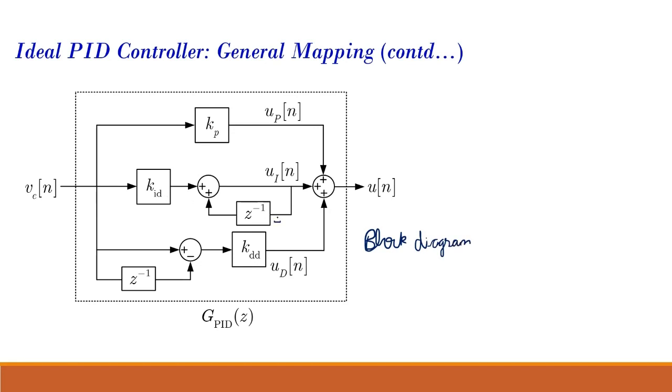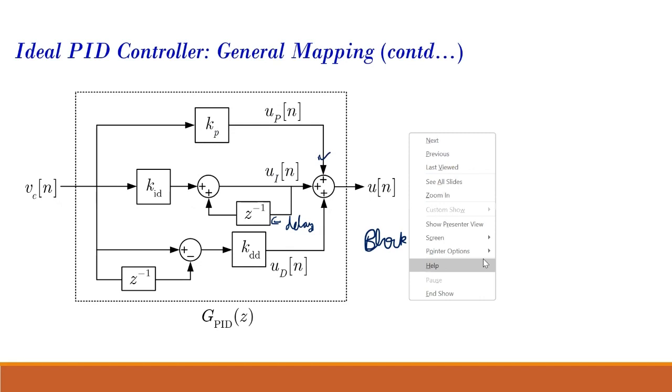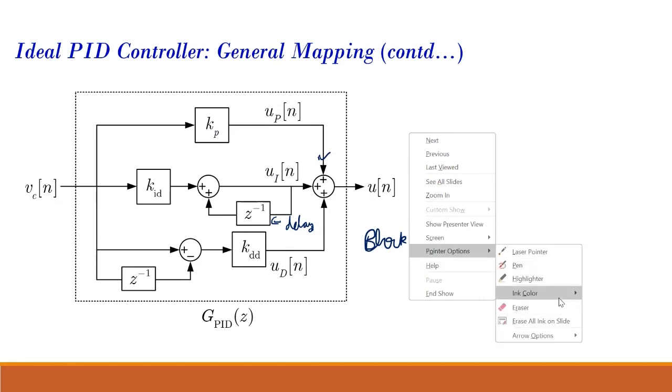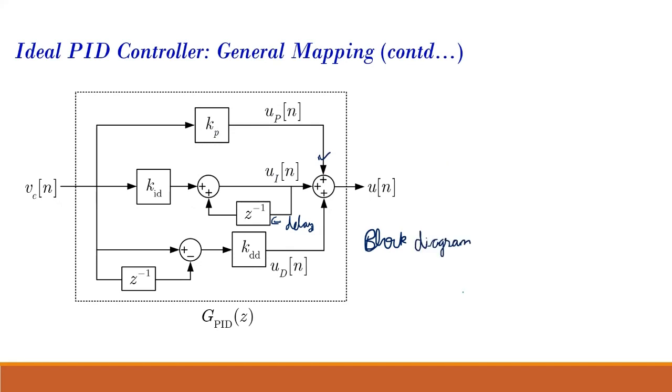This Z inverse is known as the delay. V error of n gets multiplied by Kp, that's the proportional part, and its component comes out over here. This is my integral part.